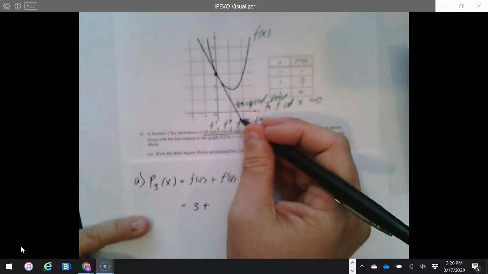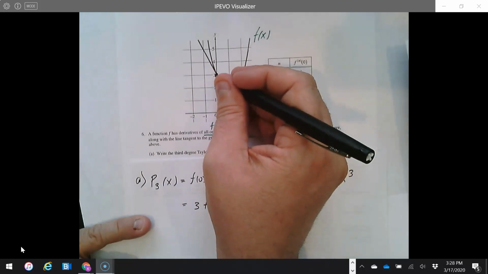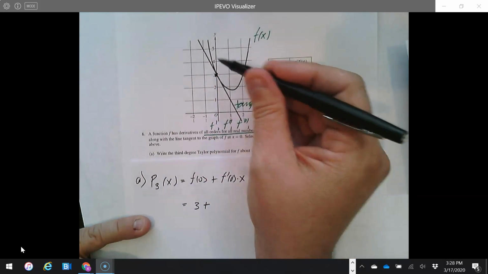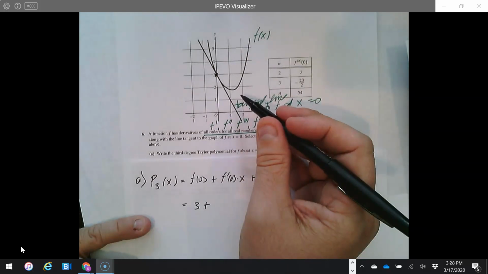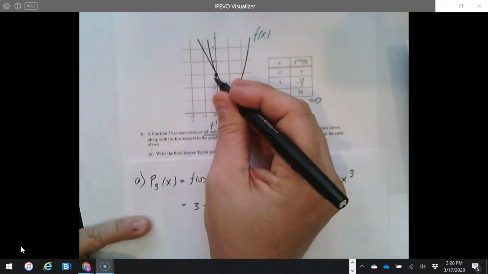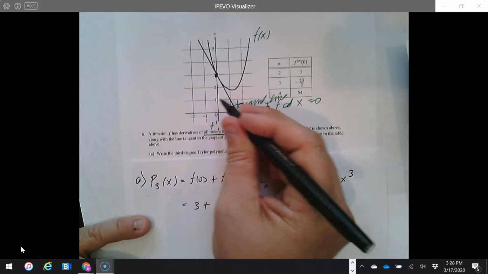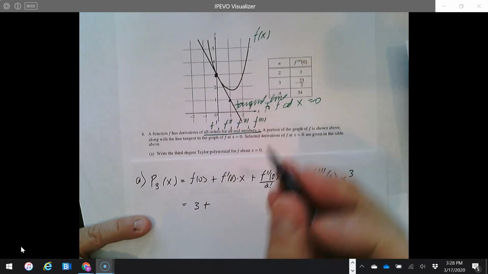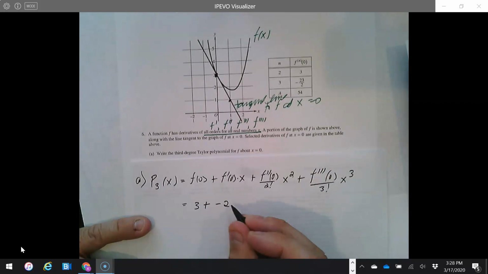They gave me a tangent line to the graph of f at x equals 0. I need to find the slope. Well, the slope of a line I can do rise over run. I have 1 point. And if I go down 1, 2 spaces, and 1 to the right, I'll get another point on that same line. So my slope is negative 2. F prime of 0 is negative 2 times x.